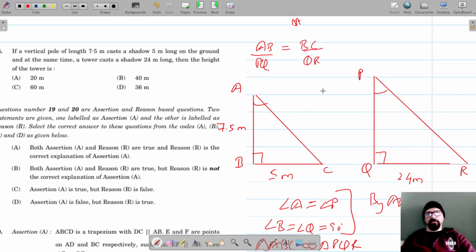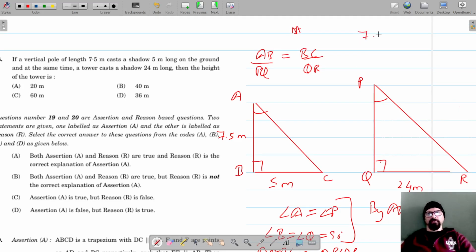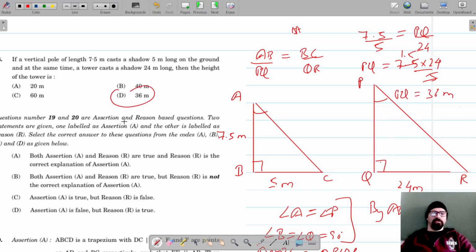Now AB here is 7.5, BC is 5, and QR is 24. PQ is equal to 7.5 into 24 by 5. So this is 1.5, and if we multiply 1.5 into 24, this is 36. So PQ is 36 meters.